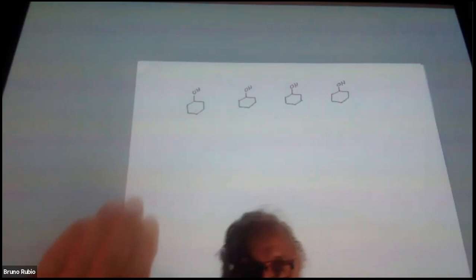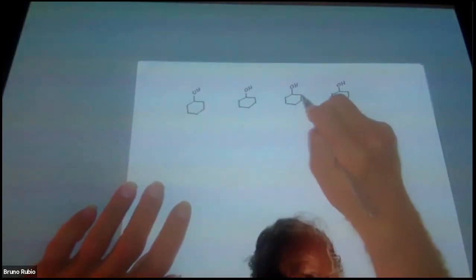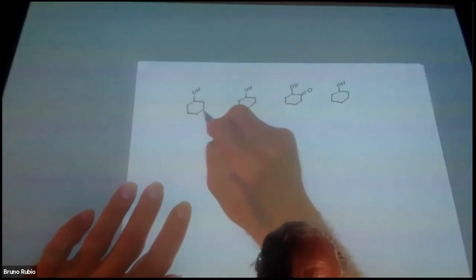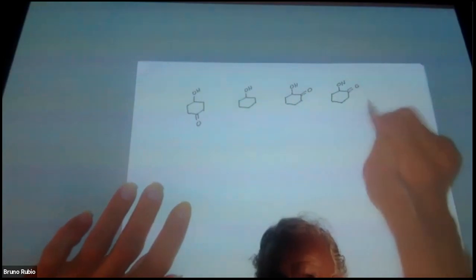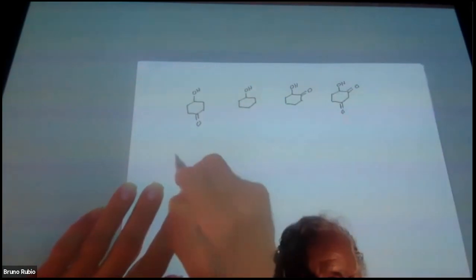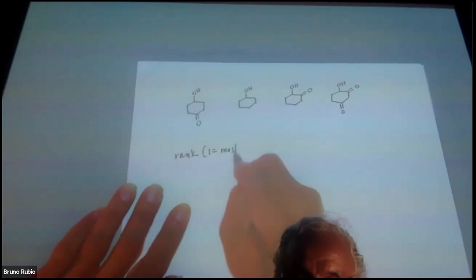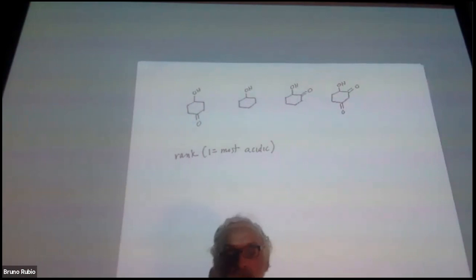All right, and then I'm going to decorate maybe something like this. Okay, rank 1 is most acidic. So what would be the rank order here?